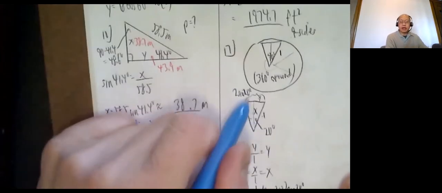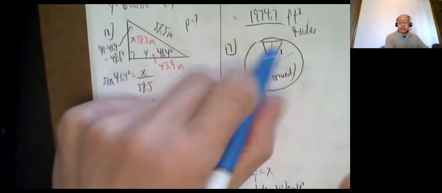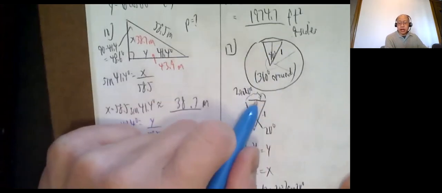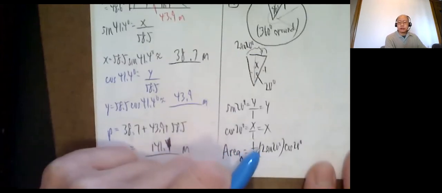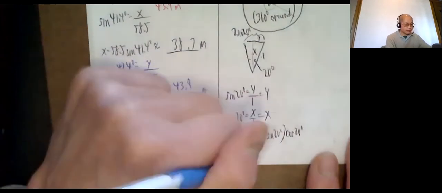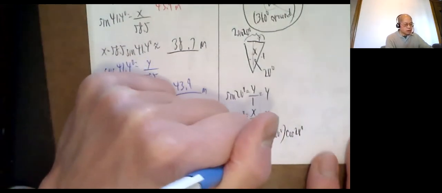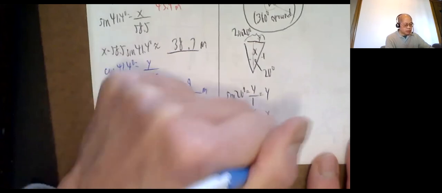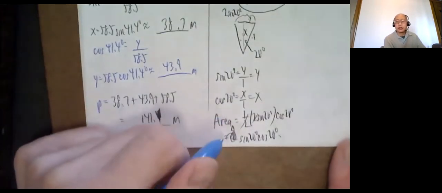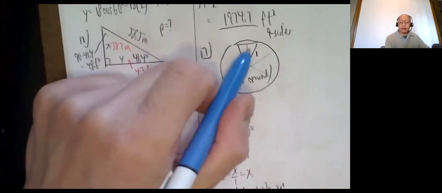The base is here to here. I figured this out was sine of 20, but there's 2 of them. So 2 sine 20, and that's the height. Looks like the 1/2 cancels with 2. Sine 20 degrees, cosine 20 degrees. That's the area of one of them.